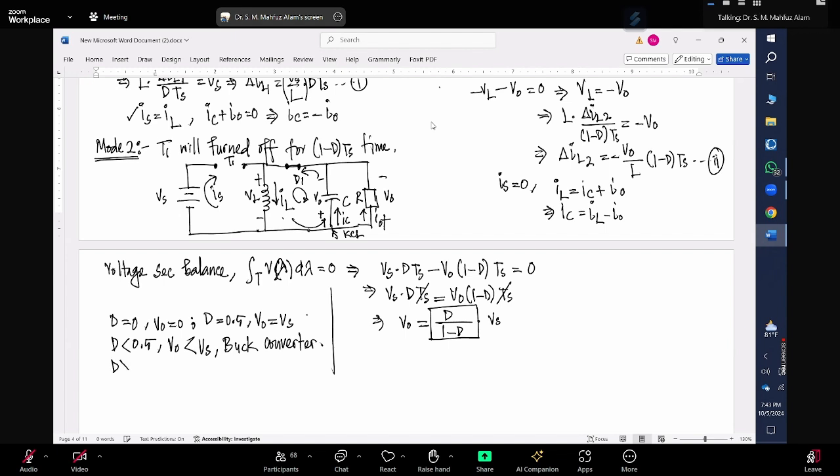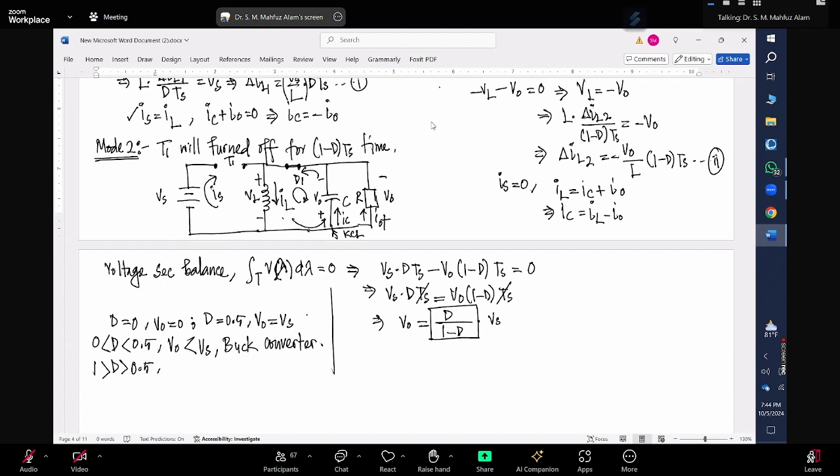If your D is more than 0.5, then what will happen? V naught will be greater than Vs. So here we can write like this. If your D is greater than 0 but less than 0.5, then it will work like a buck converter. And if it is greater than 0.5 but less than 1, then what will happen?